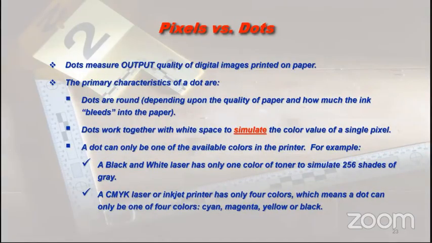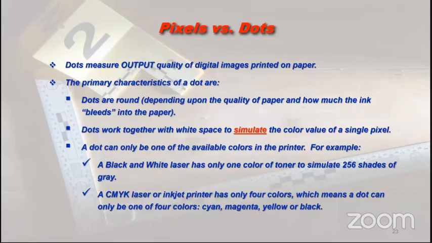A black and white laser has only one color of toner to simulate 256 shades of gray. So how do you get 256 shades of gray with only one color toner? You don't. If you're dealing with a CMYK laser printer or an inkjet printer, you typically only have 4 colors.